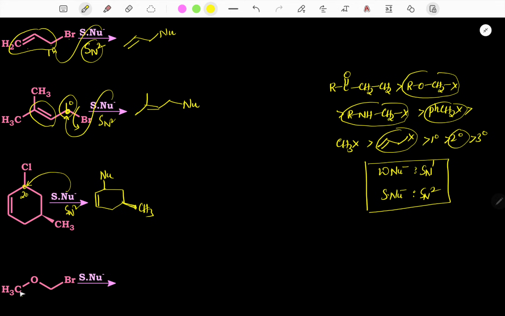Next one, CH3OCH2Br. It is a primary. The structure is similar to ROCH2X. ROCH2X type of molecules also prefer SN2 in the presence of a strong nucleophile. So the nucleophile attacks at the leaving group connected carbon, and finally it gives the corresponding nucleophilic substituted product.